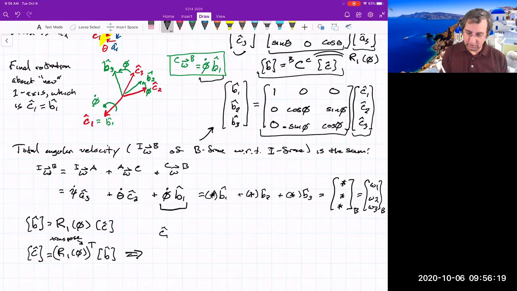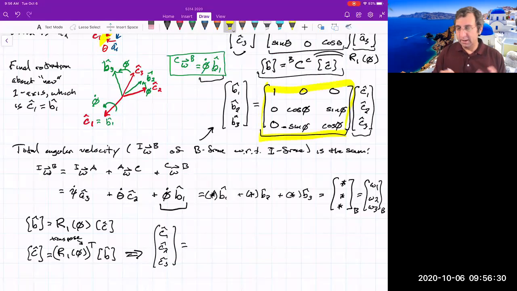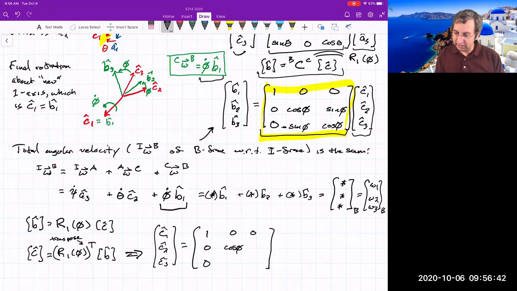This tells us C1, C2, C3 equals, and now I'm doing the transpose of this highlighted matrix down here, which is easy enough for me to do. Really, all this does is move where that minus sign is. So I've got minus sine phi, cosine phi, times B1, B2, B3.